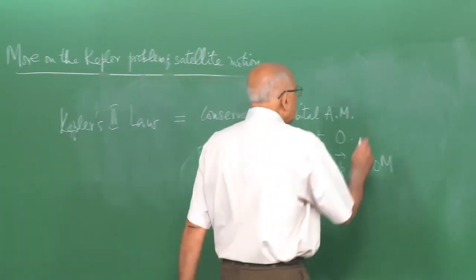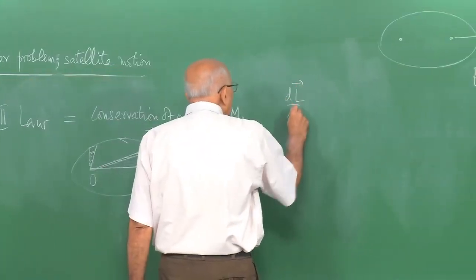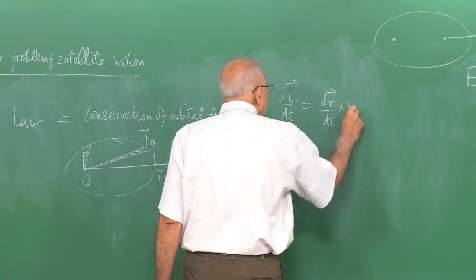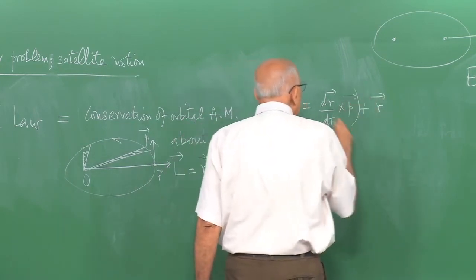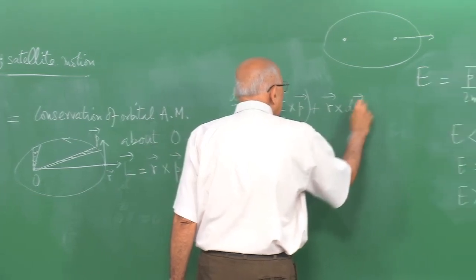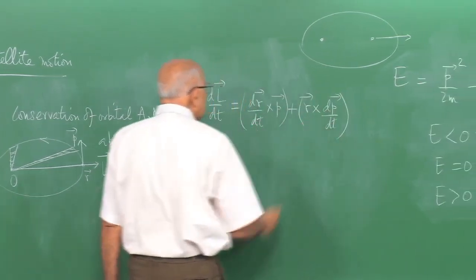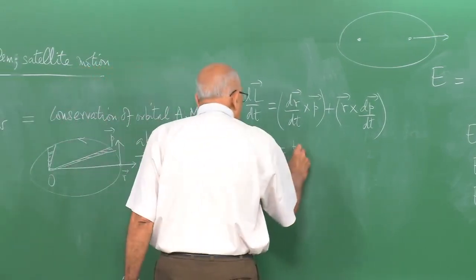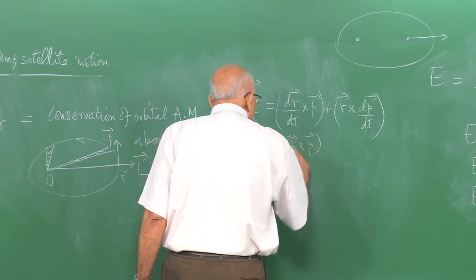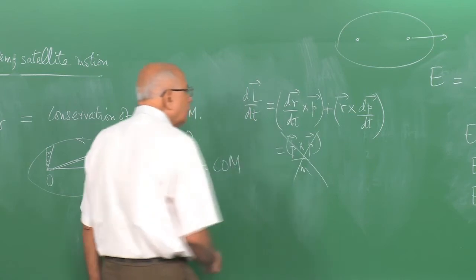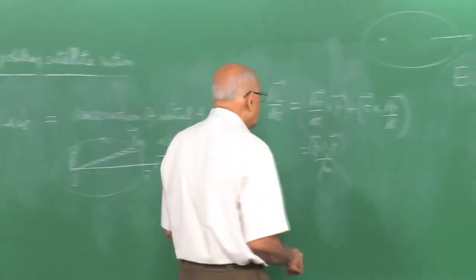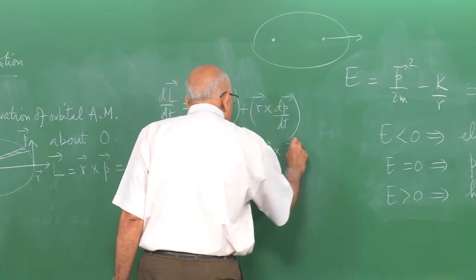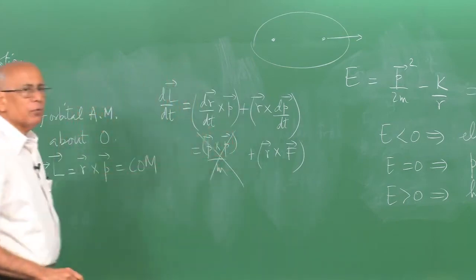And that's easy to see, because what you have to do is to take dL over dt, this is equal to dr over dt cross p plus r cross dp over dt, but dr over dt is the momentum divided by m. So this is equal to p cross p divided by m, and that is 0 because the angle between p and itself is 0, the sine of that angle is 0, plus r cross the force, because dp over dt by Newton's second law is the force on the particle.